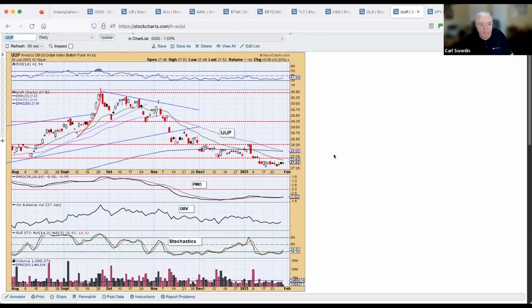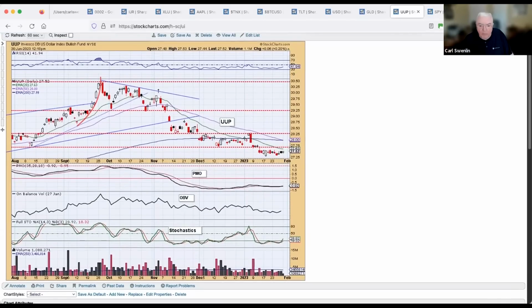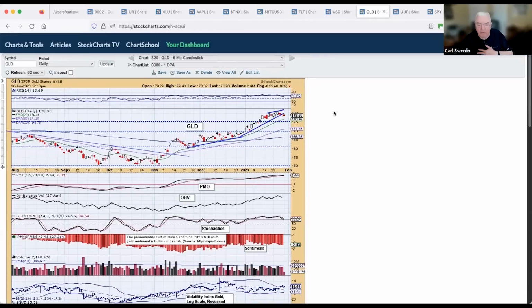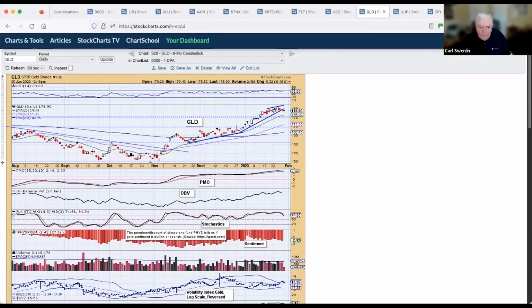The dollar is running flat, but in a longer term declining trend. This is benefiting gold. Gold is up about 20% from the November low, and this would put it into a new bull market.